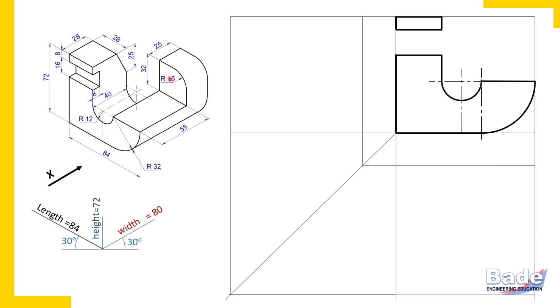It shows its true shape in front view because it has two principal edges, parallel to height, parallel to length. So when a surface has two principal edges which are perpendicular to each other, then that is a principal surface. It shows its true shape in one of the views. This surface has an edge parallel to height, parallel to length. Which view gives height and length? Front view. So this surface gives its true shape in the front view.